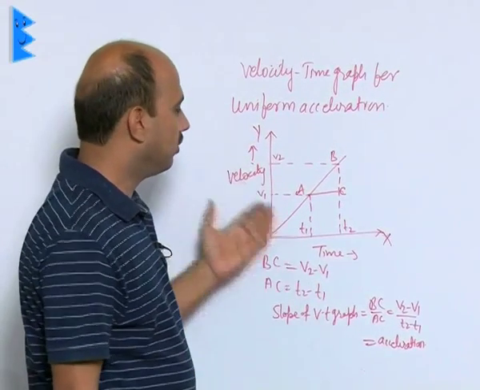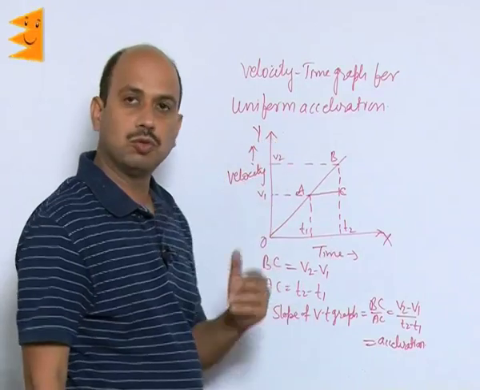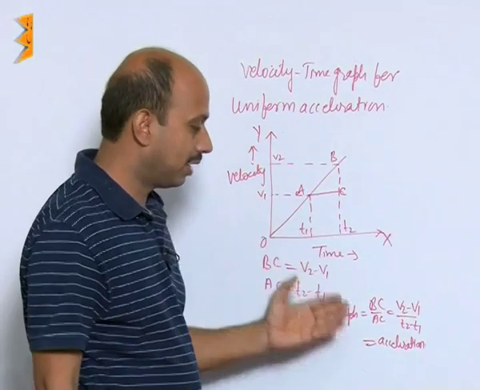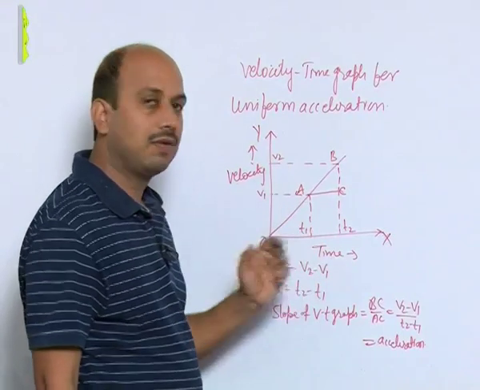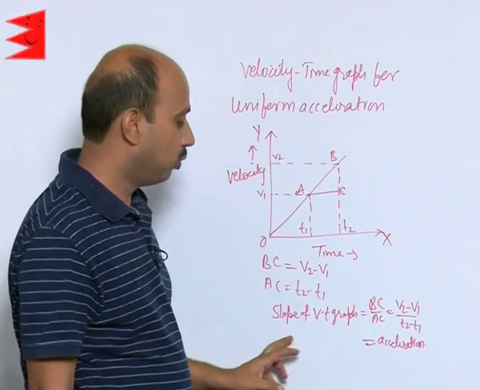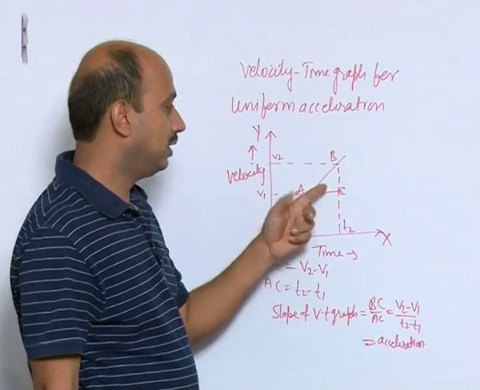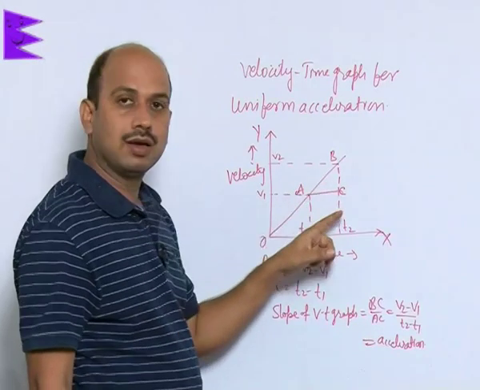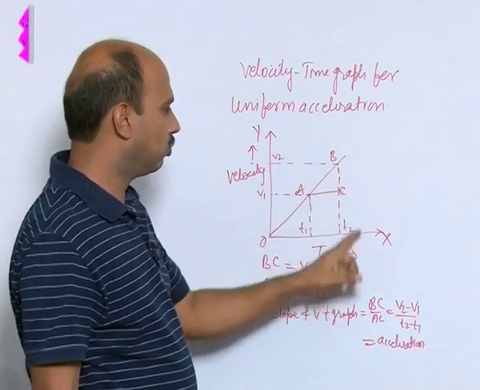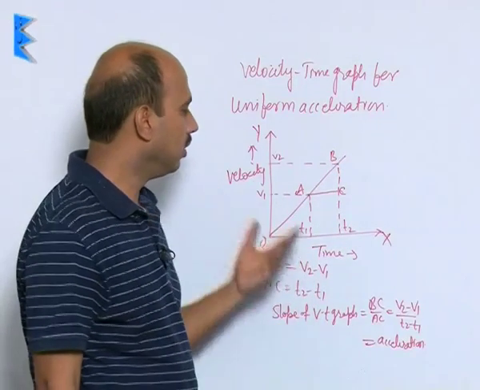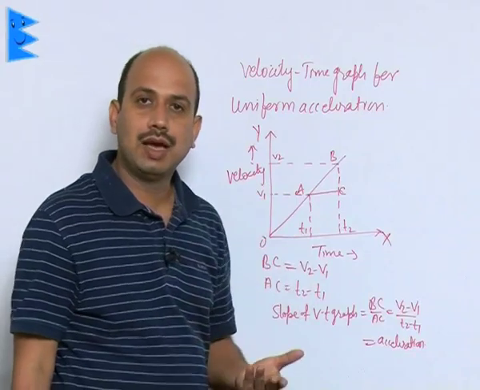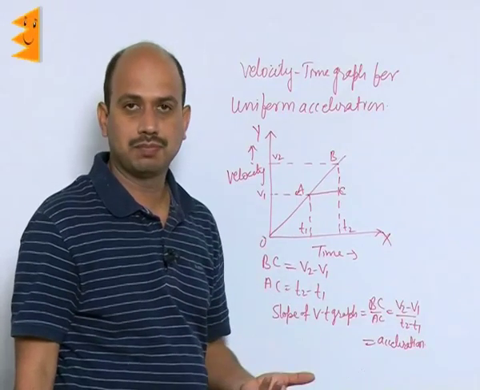So this is the velocity time graph for the non-uniform motion, but it is a uniform acceleration. Calculation of acceleration by using graph is actually slope of the graph, which I have found here in this triangle. You can take whole triangle also, and you can calculate acceleration. Whatever time interval you will take, acceleration will remain same.